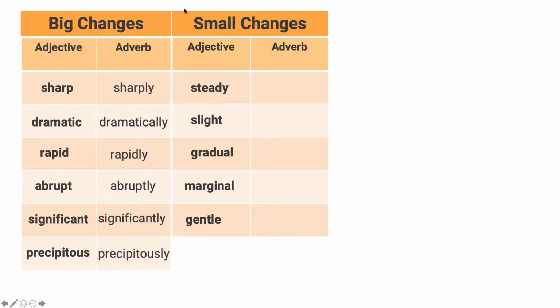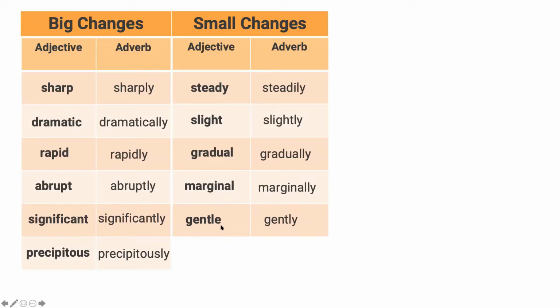Now for small changes, we have our adjectives here: steady, steadily, slight, slightly, gradual, gradually, marginal, marginally, gentle, and gently. Now, something I'm not going to do in this video, but would encourage you to do, is just remember the spelling rules, because spelling is very important for your score as well. Make sure you know when to use double L's, when to get rid of your E's. This is something that you should be practicing on your own.